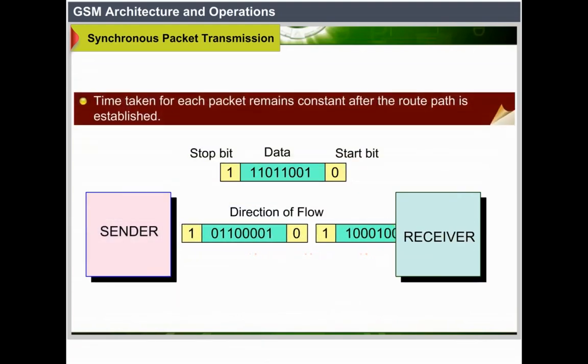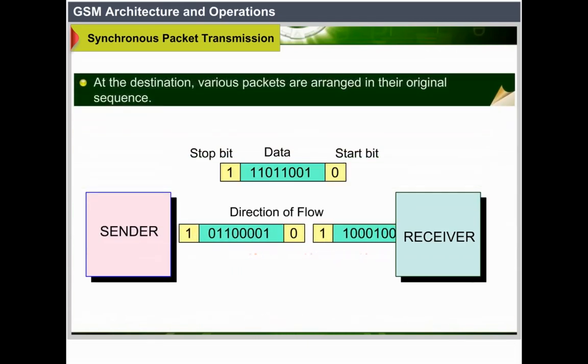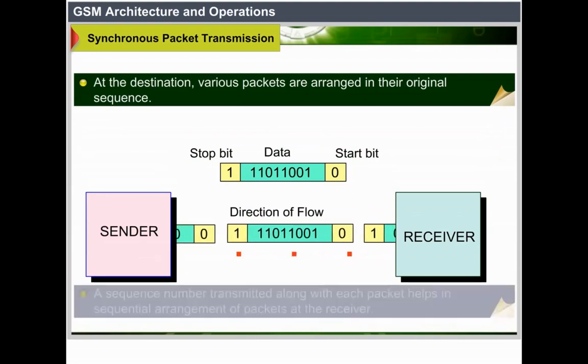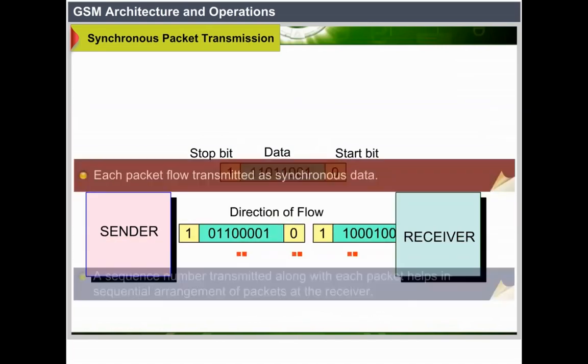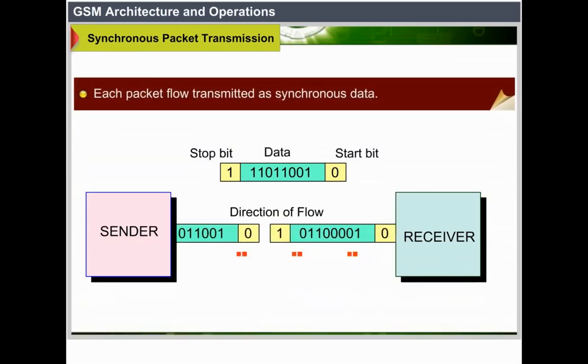Time taken for each packet remains constant after the route path is established. At the destination, various packets are arranged in their original sequence. A sequence number transmitted along with each packet helps in sequential arrangement of packets at the receiver.